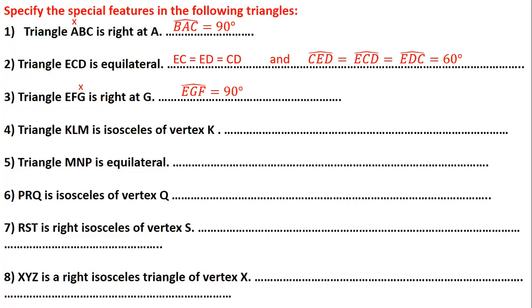In number 4, Larissa, we have a triangle KLM, isosceles of vertex K. When we read the word isosceles, I ask myself, when I'm reading a special word, I directly ask myself, what does an isosceles triangle have, Larissa?